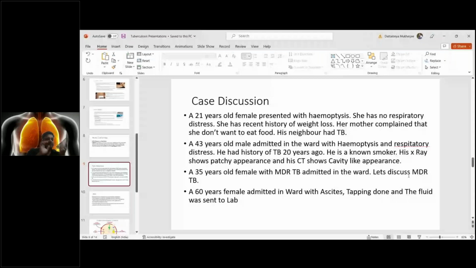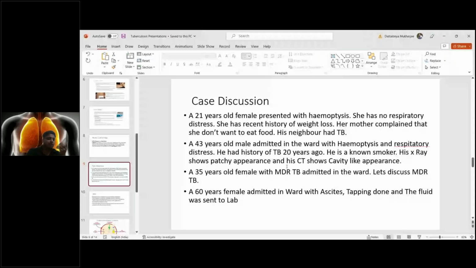The most dangerous one: TB is not dangerous, but MDR TB is very dangerous. The mortality rate is very high. MDR TB is multi-drug resistant TB, meaning that whatever drugs are available to treat TB, Mycobacterium tuberculosis is resistant to all of them.